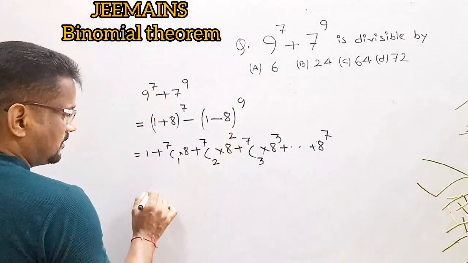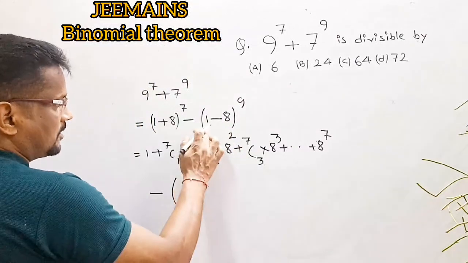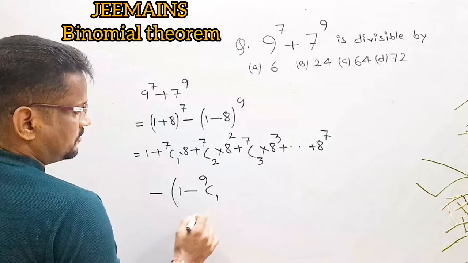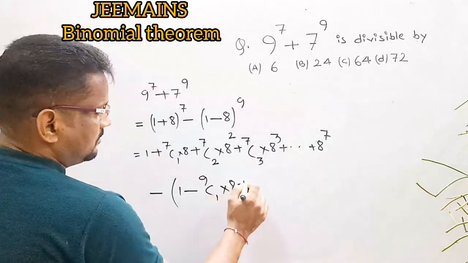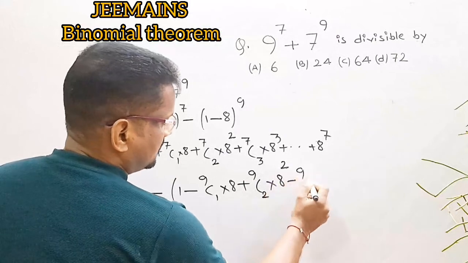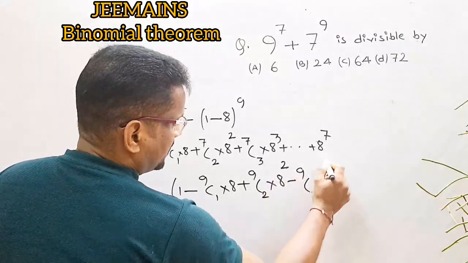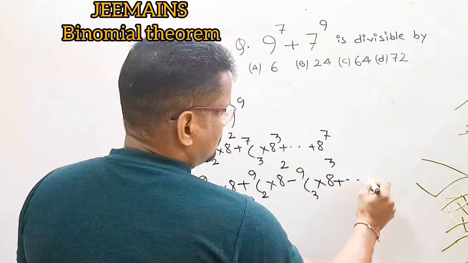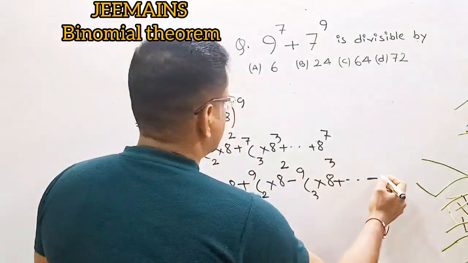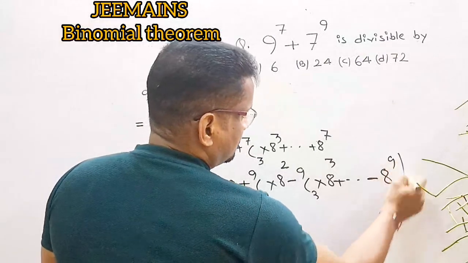Now the second part, minus (1 minus x) all to the power n. So 1 minus 9C1 into 8 plus 9C2 into 8 square minus 9C3 into 8 cube plus so on. As it is odd power, alternating plus and minus signs will come. It is minus 8 to the power 9.